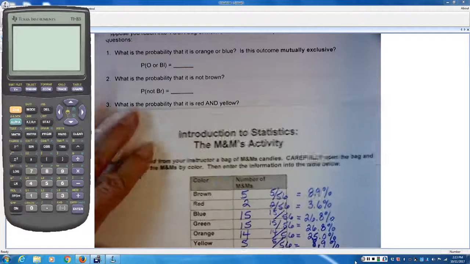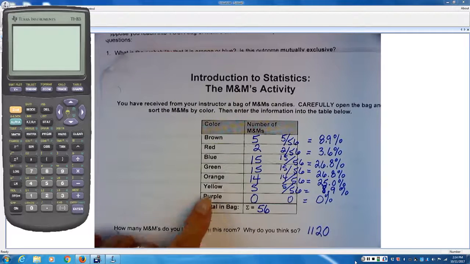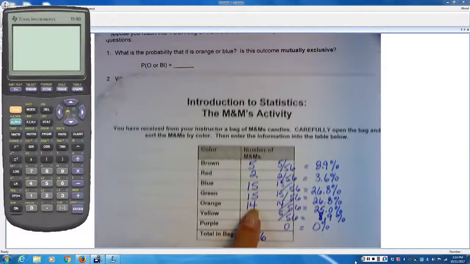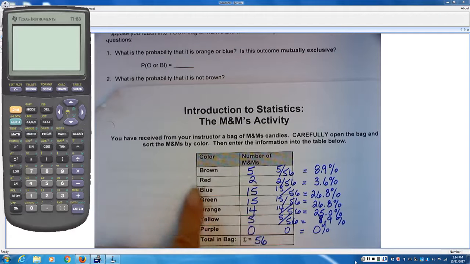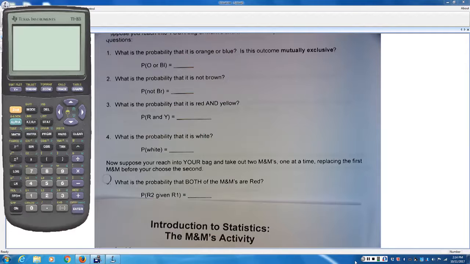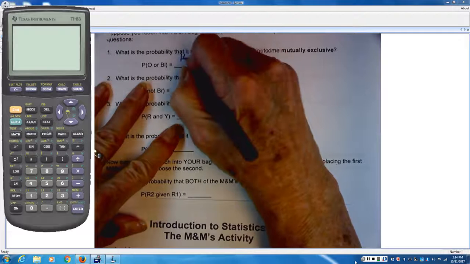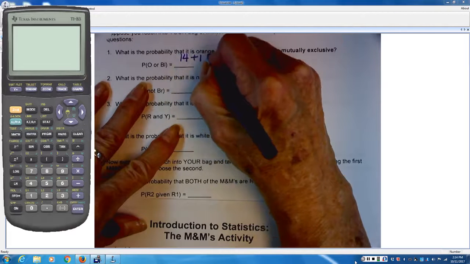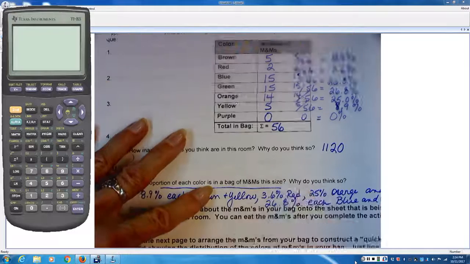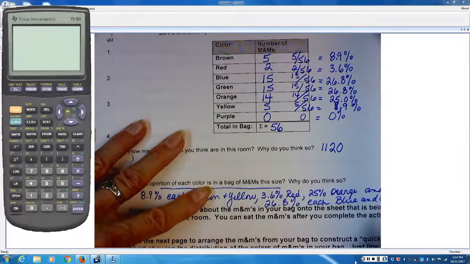So, based on my bag, I have 14 orange and 15 blue. And I had a total of 56.